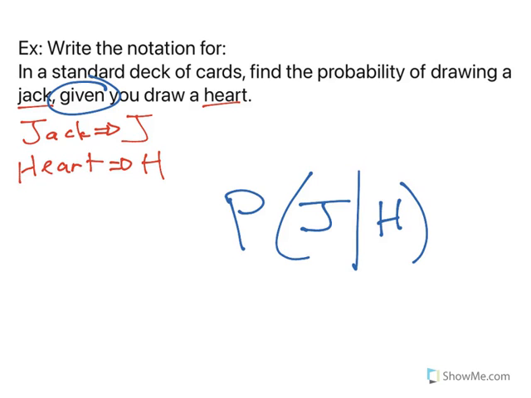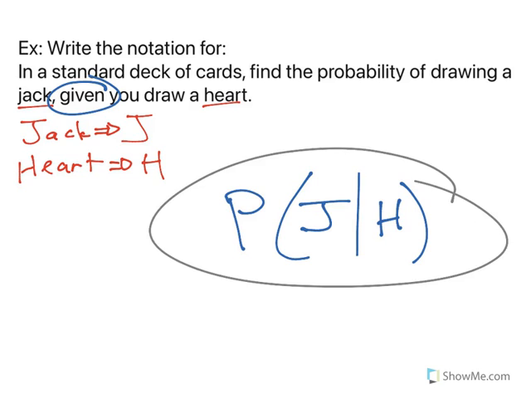And I overemphasize that line just a little bit because given is that vertical line. So what this means is that you know it's a heart. You saw the red shape. Okay, it's a heart. What is the probability it's a jack? That's what we're trying to find here.